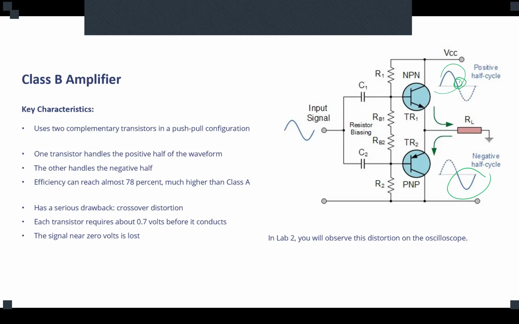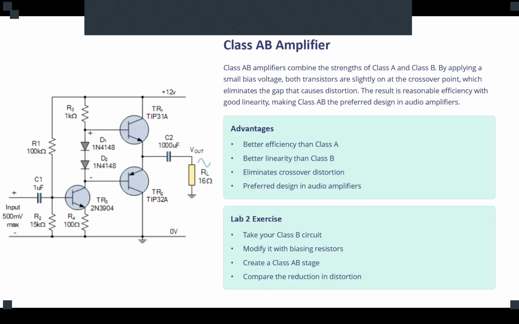Now, how can you fix that? By the class AB amplifier, which basically fixes the bias, the voltage between base and emitter in two BJTs, and takes care of that overlap problem. Are we good?